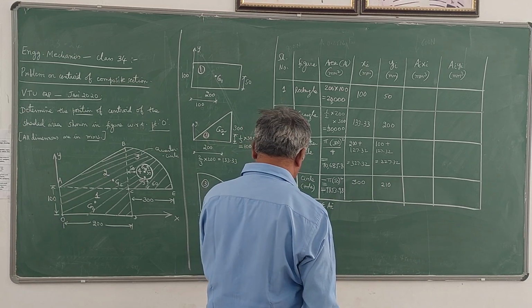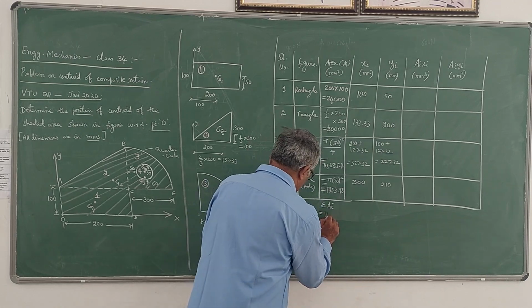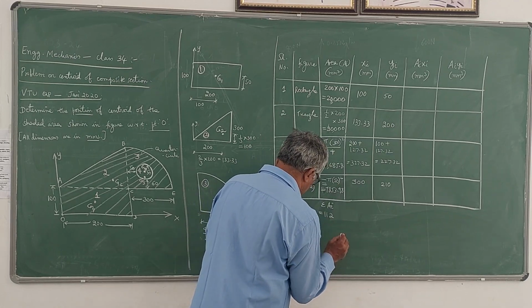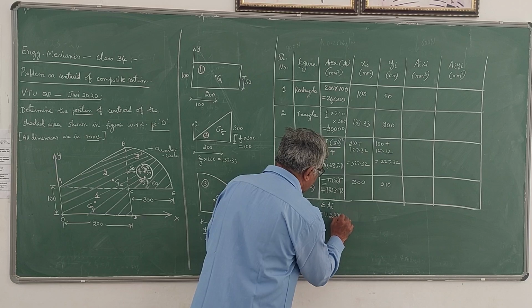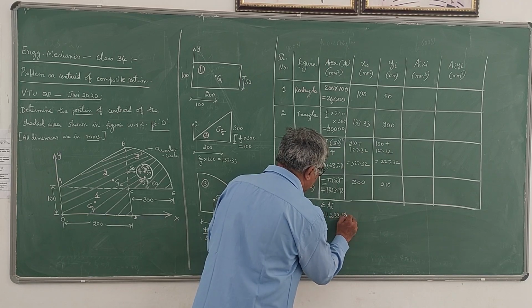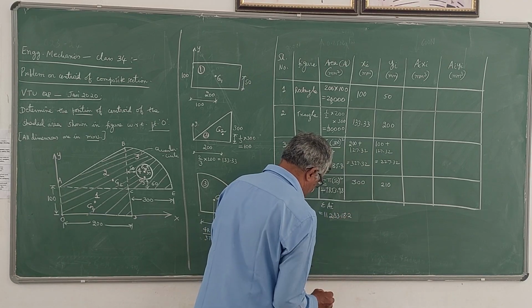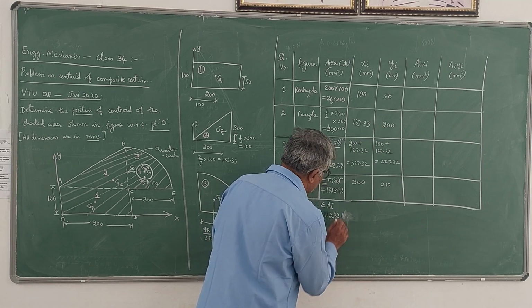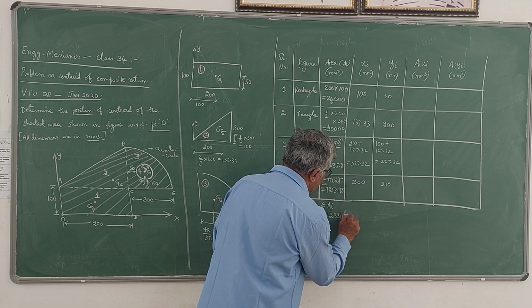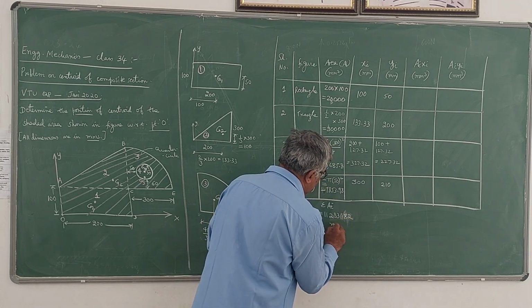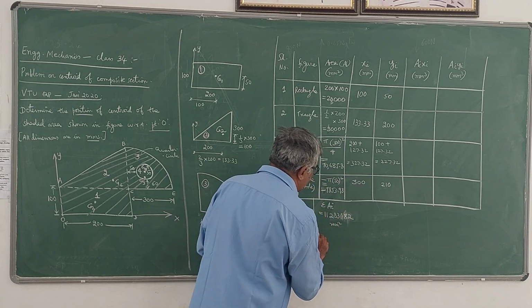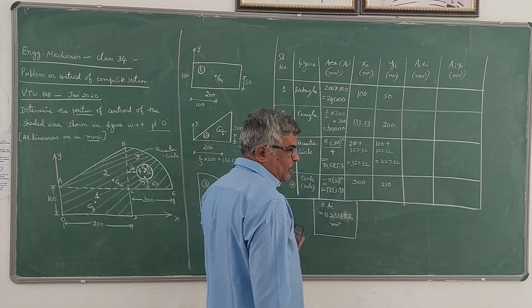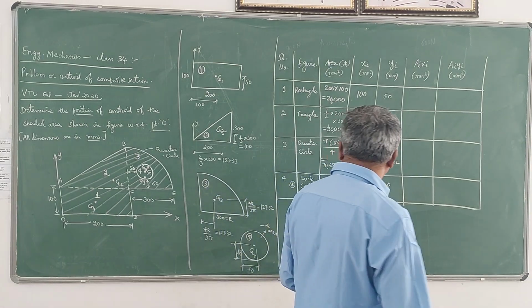So you will get 112,831.82 millimeter square. So this is the value of sigma Ai we require to find x bar and y bar.